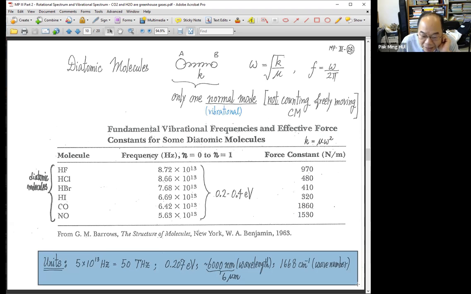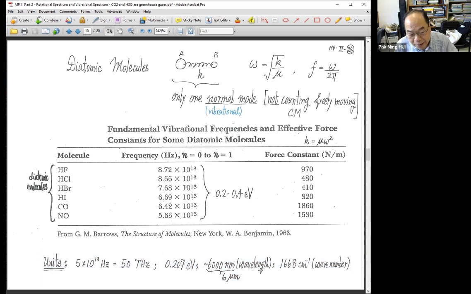And then it is 6,000 nanometer, this is wavelength, or 6 micron wavelength, and then even worse, 1668 wave number, okay? If you want to go into this business, believe me, in labs, usually in material science, in solid state, optical probes are very popular. So once you get in, you have to live with it.